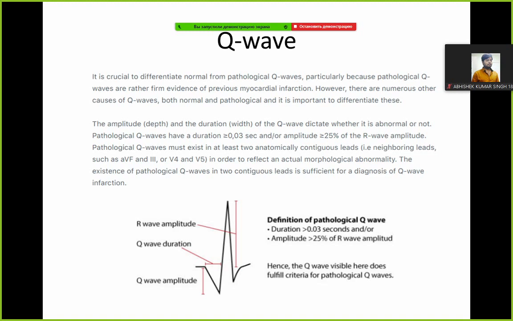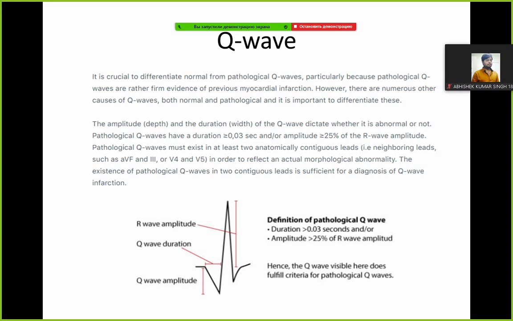The amplitude, the depth, and the duration, the width, of the Q wave dictate whether it is abnormal or not. Pathological Q waves have a duration of more than 0.03 seconds or an amplitude of more than 25% of the R wave amplitude in the same lead.